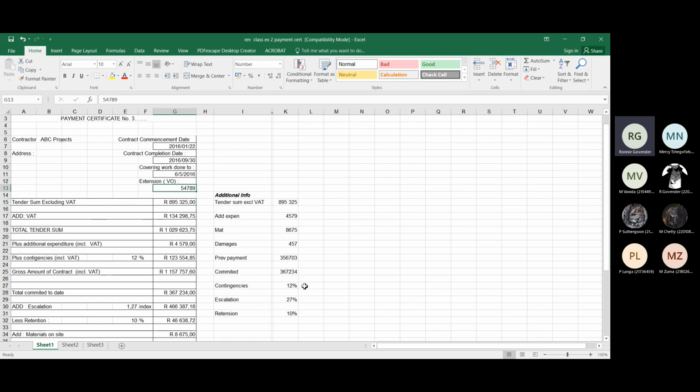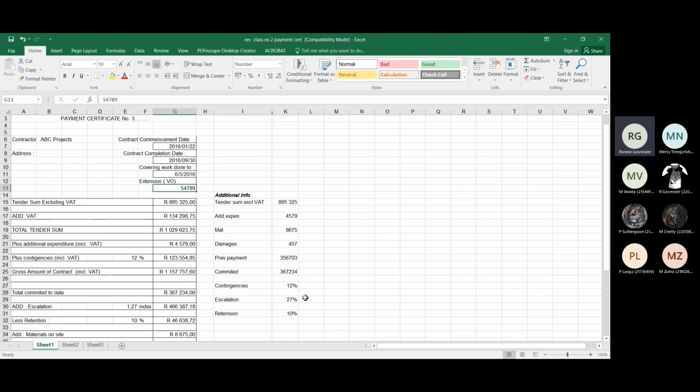Now, if you don't spend that money on the project, then that money goes back into the kitty for the client, eh? Right, the contractor won't get paid the contingencies. Contingencies is just there for anything. Obviously, that additional 457 as well is coming off the contingencies, eh? Not 4579. Let's say for relocating the pipe, the sewer pipe comes from the contingency that we allowed.